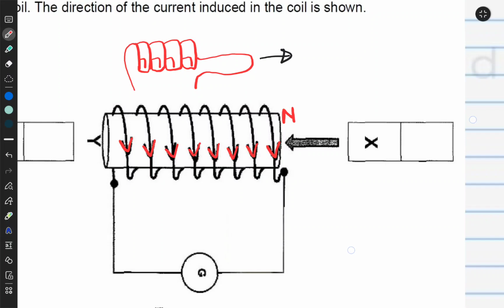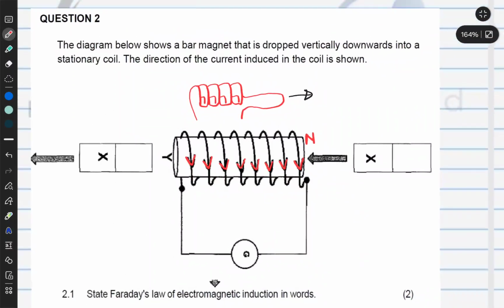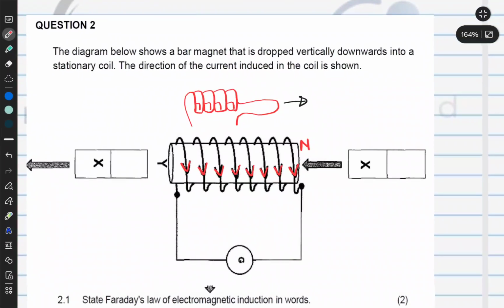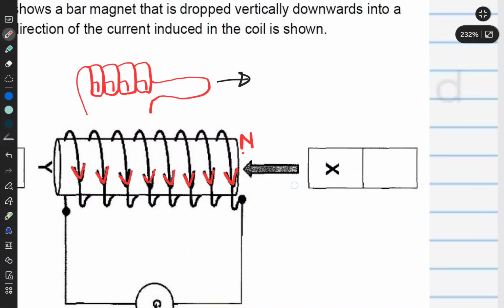So Lenz's law says, since this current that we see here is induced as a result of this magnet passing through the solenoid, then remember, if this is the north pole of our magnet, it means this magnet that's coming in, because at this stage, at this part of the process, the bar magnet is going inside, right?